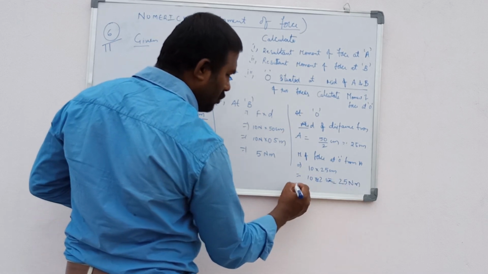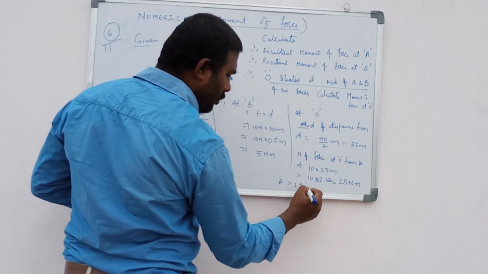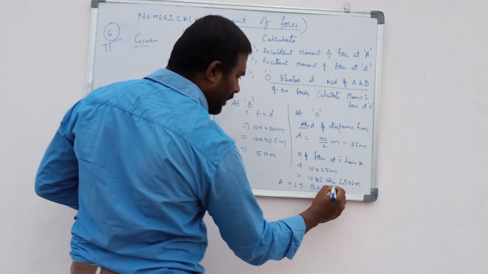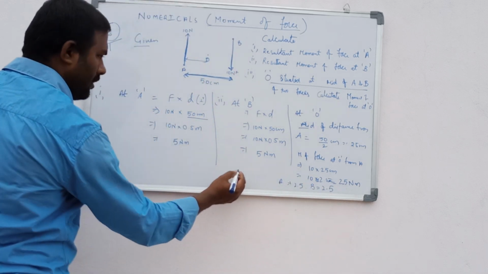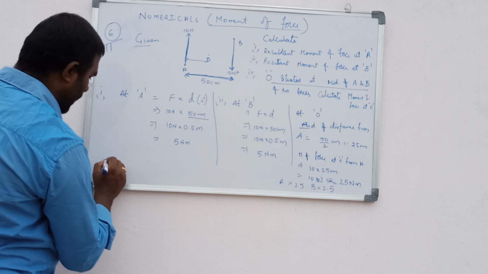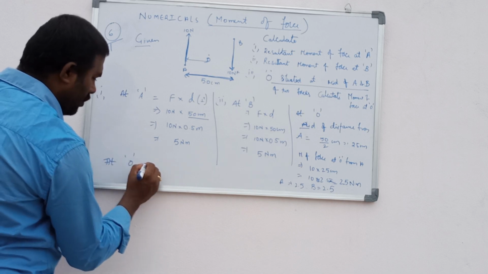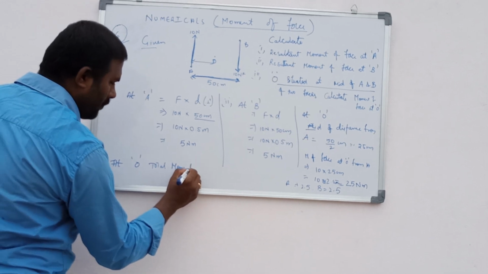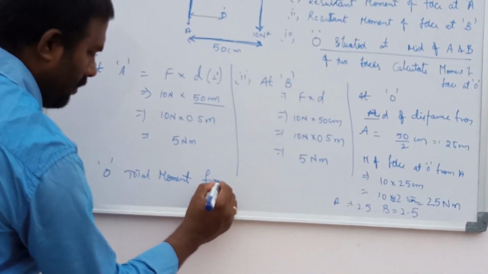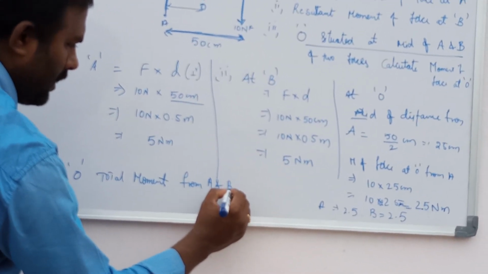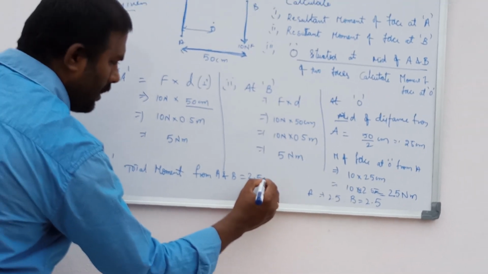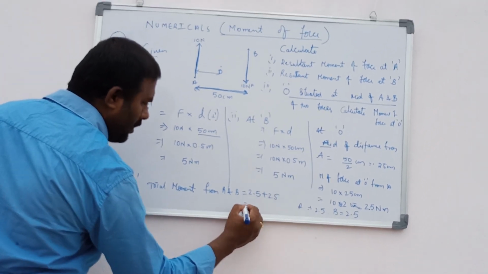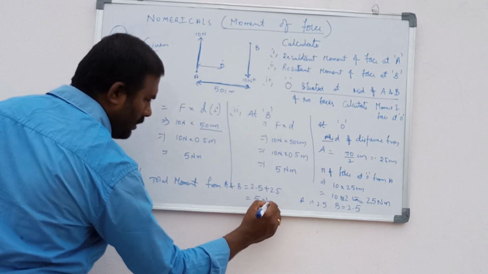In total, 2.5 from A and 2.5 from B. I am writing here, at O, the total moment from A and B is equal to 2.5 plus 2.5, nothing but 5 Newton meters.